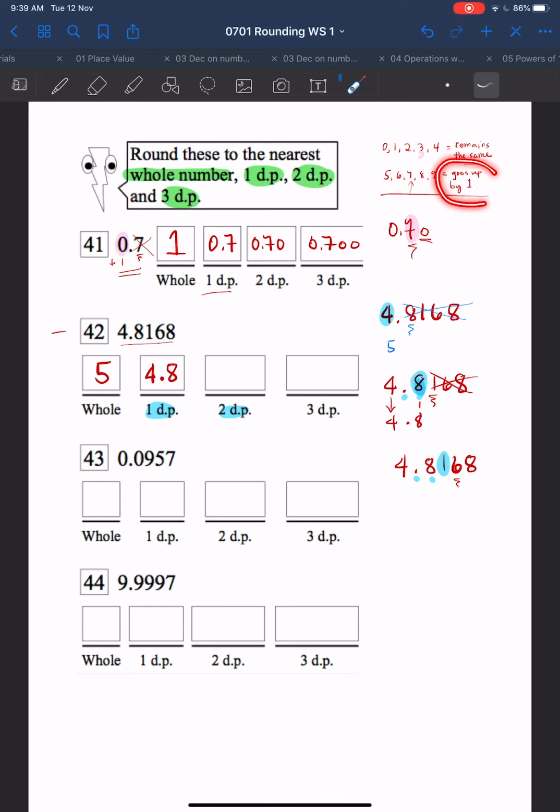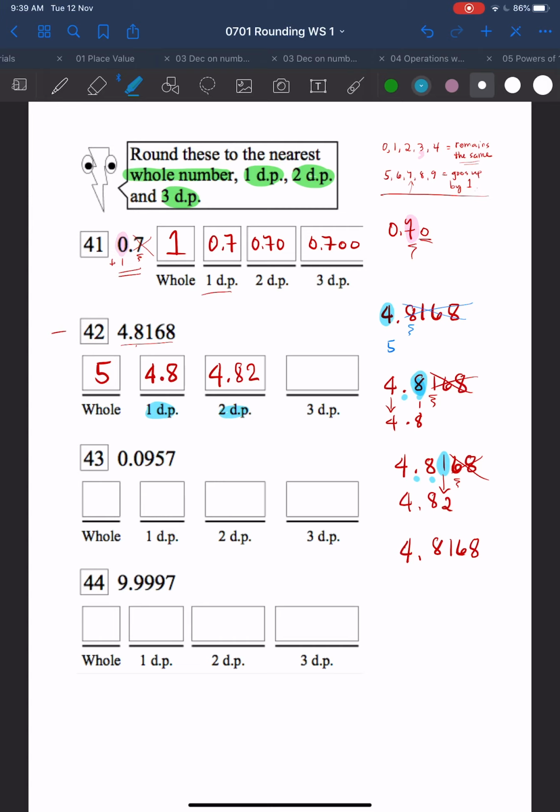So what happens to the digit before 6? It goes up by 1. So this now becomes 2. This disappears, and everything before that just copy down. So this number rounded to 2 dp is 4.82.